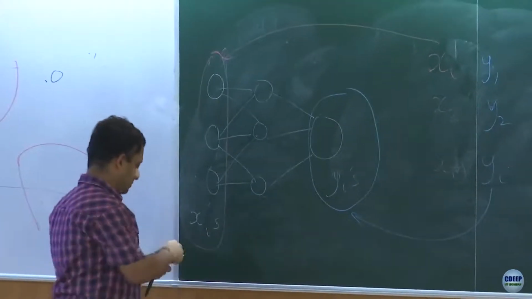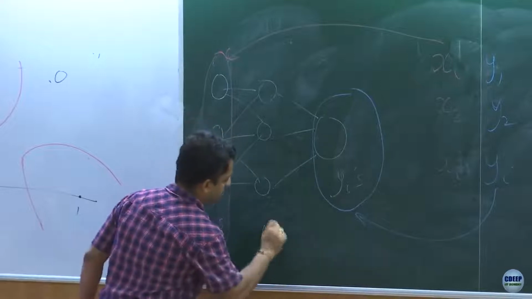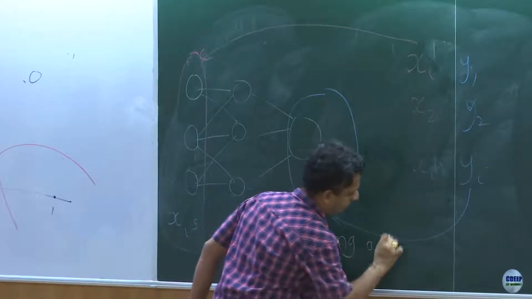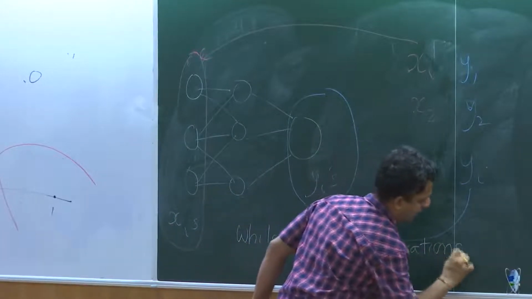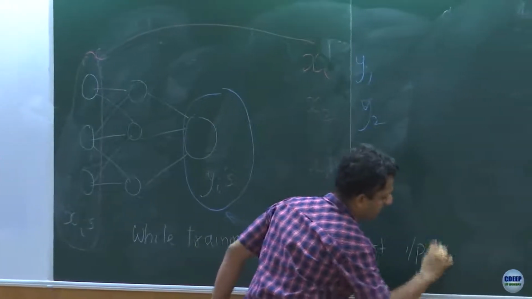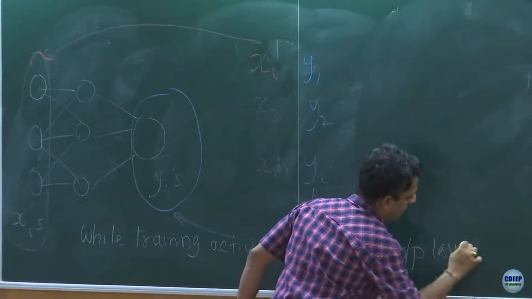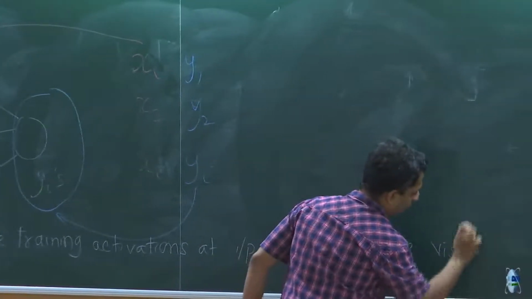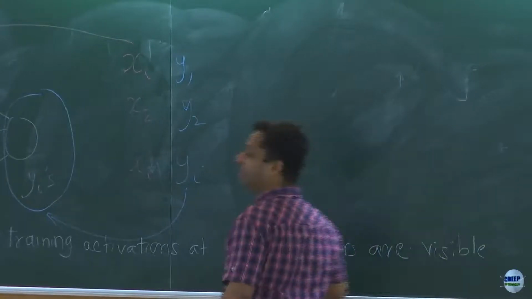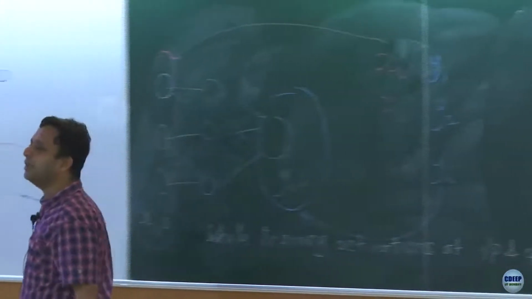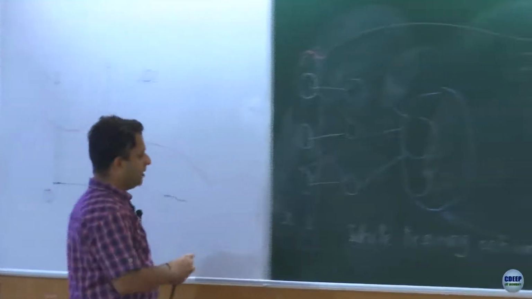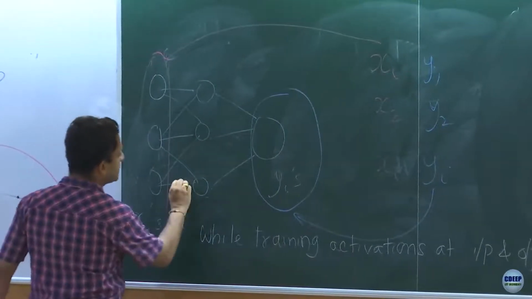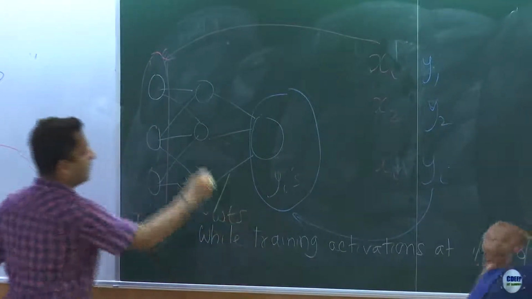So while training, activations at the input and output layer are visible. Like logistic regression, we had those activations visible and we trained the weights. The weights are all sitting here. These are the weights. The weights are on the edges.